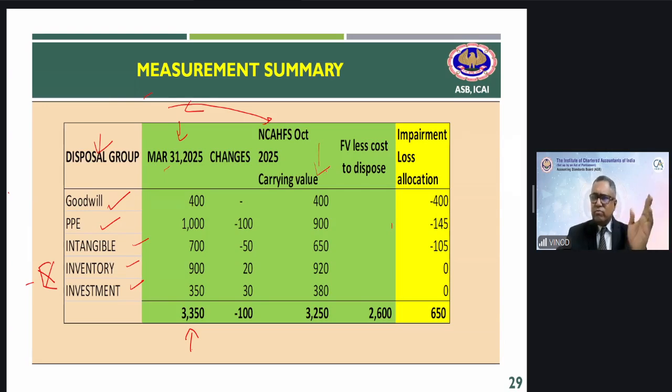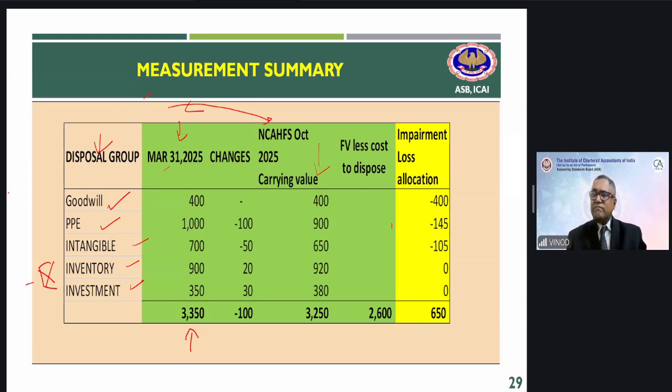Because every quarter I will do fair valuation, depreciation, amortization, etc. So the book value of the disposal group is 3250. On 31st March, I appoint a valuer who has done a valuation of this disposal group, and he says that, sorry, you will only get 2,600.